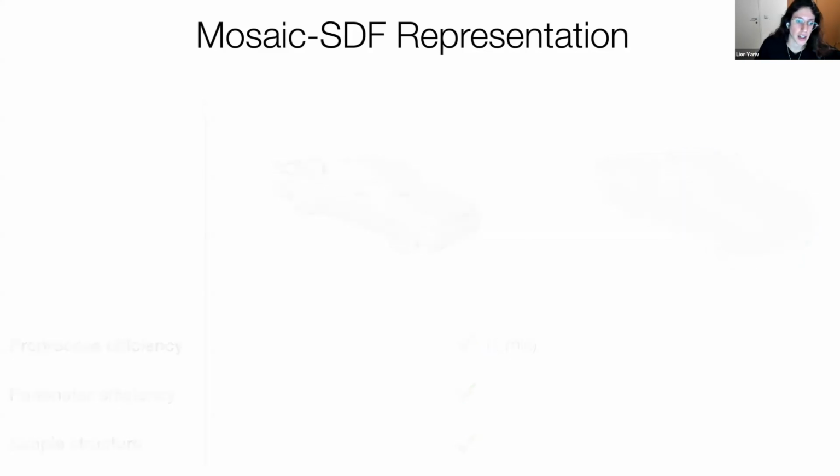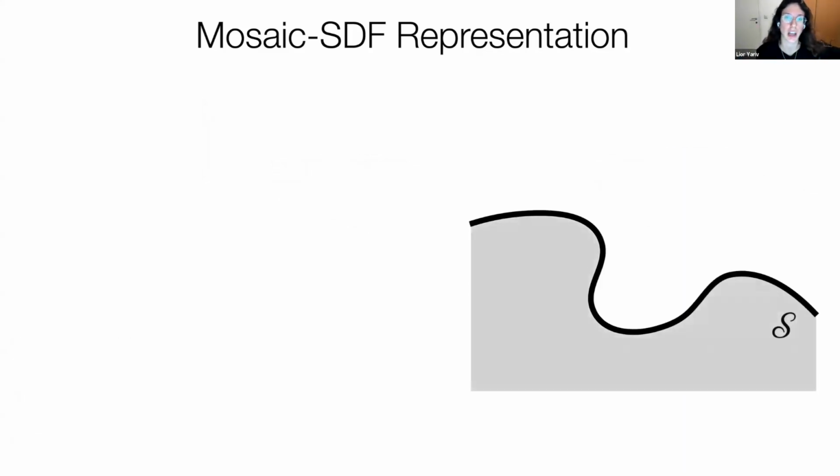All right, so let's go inside the M-SDF representation, and I will explain what it is and how it works. Again, we're back to 2D because sometimes it's easier to draw surfaces and illustrations in 2D.